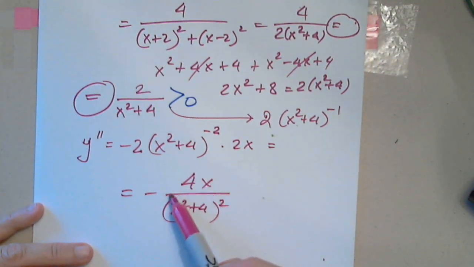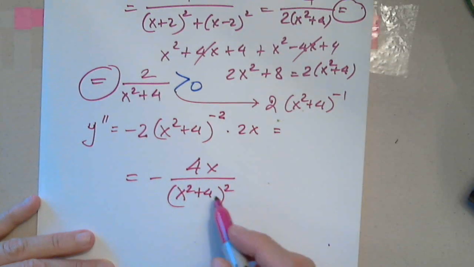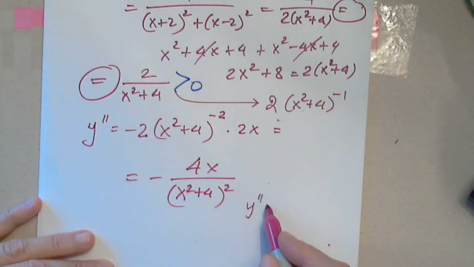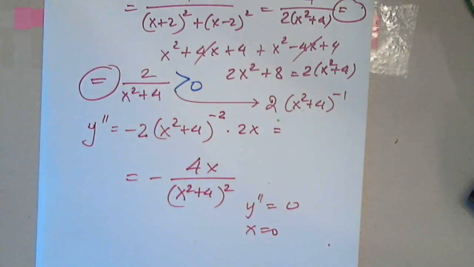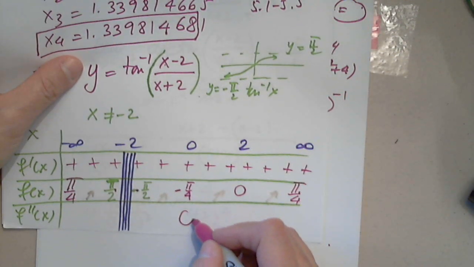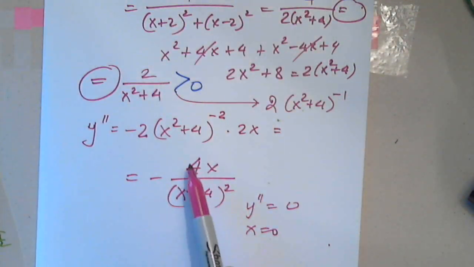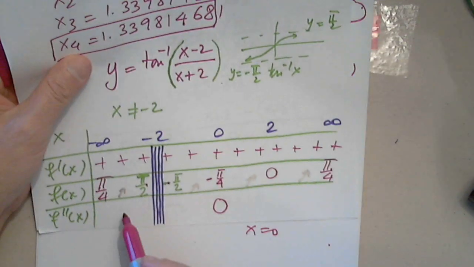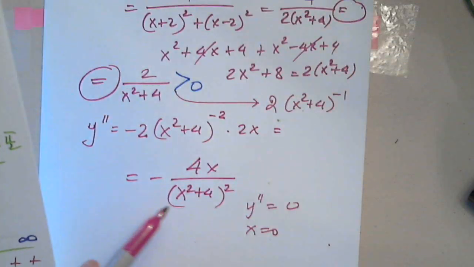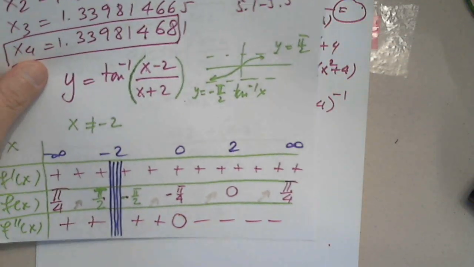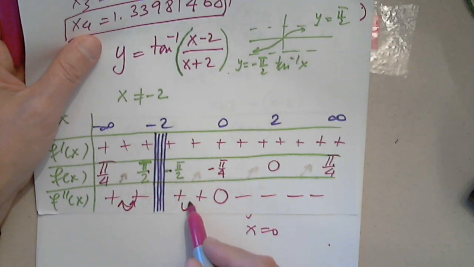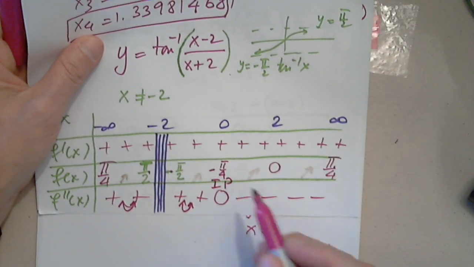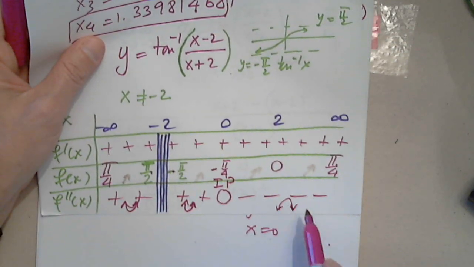I like it because this is always positive, but double prime can be 0 when x is 0. It's positive when x is negative. To the left it will be positive, and to the right will be negative. So it holds water, and it does not hold water.